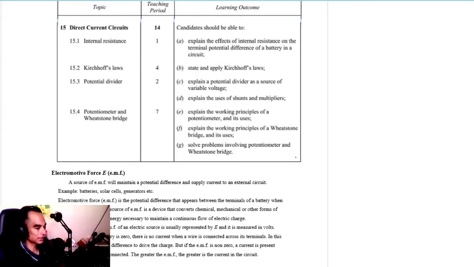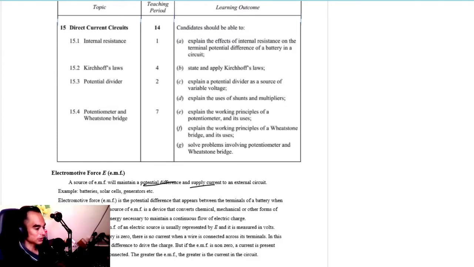It's the battery itself, the power to push out electrons, to maintain the potential difference and supply current to the circuit. This is the only physics force that we do not measure in Newton.